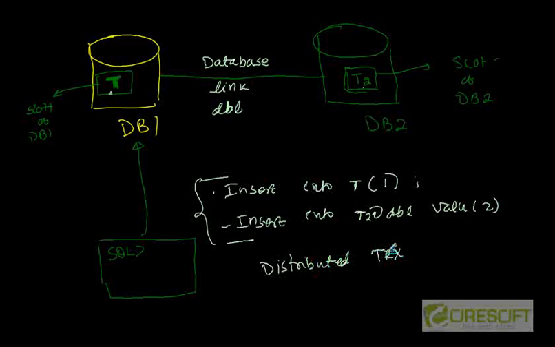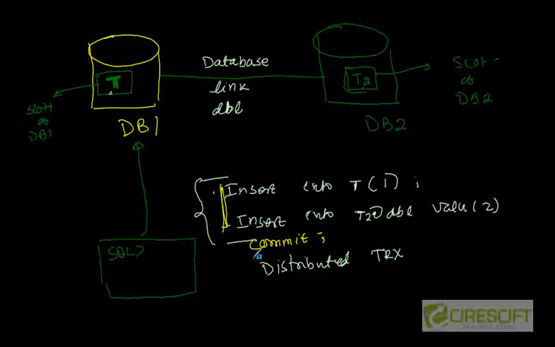Now after I do insert into T and insert into table T2@dbl, if I do a commit here, the same type of commit that you do if your transaction is happening in a single database, it will make sure that all these things will be done.